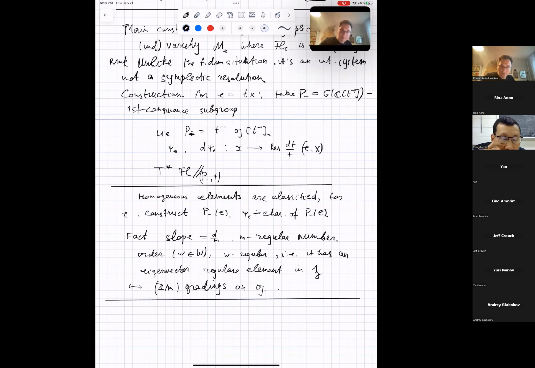Because this relation to Hitchin space also gives more information, another perspective from the symplectic thing.